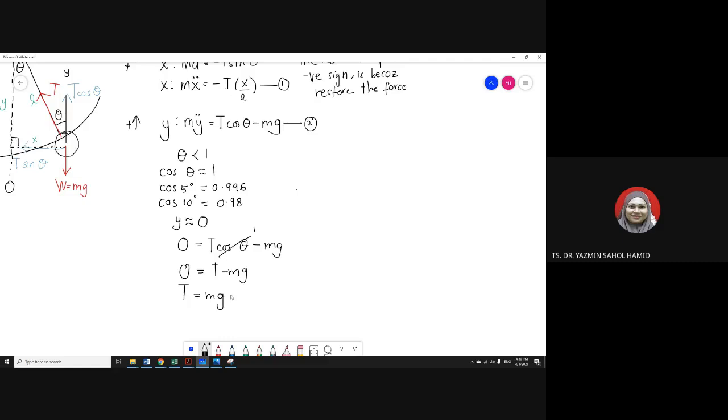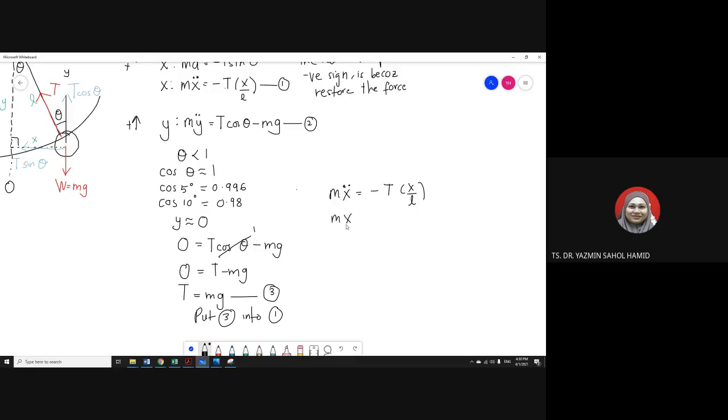So what we can do guys, this equation number 3, what we can do is put equation 3 into 1. So if we put equation 3 into equation 1, what we will get is mx double dot. Okay, let me write that equation first. Okay, this is equation 1.